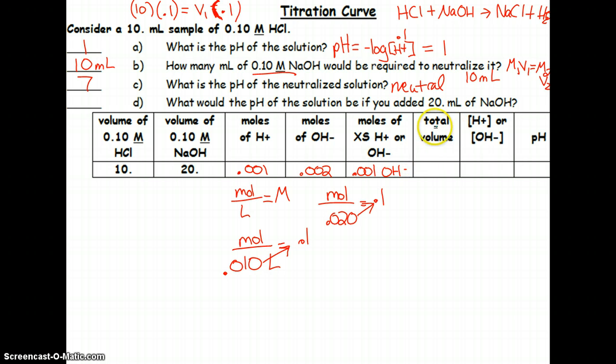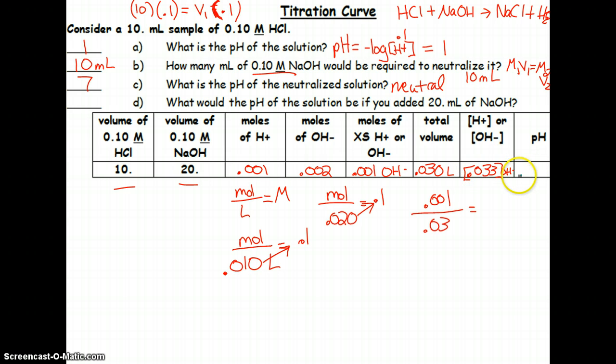Now the total volume: we had 20 mL and 10 mL, so our total volume is 30 milliliters, which in liters is 0.03 liters. To get the concentration of our OH-, we do the moles over the liters, and that gives us 0.033, and this is OH- molarity.